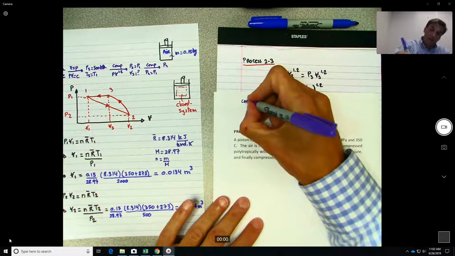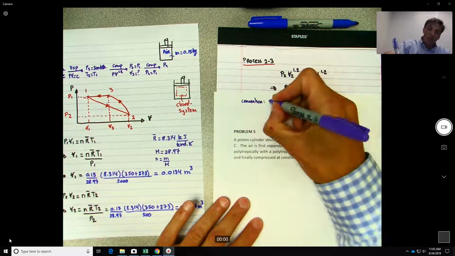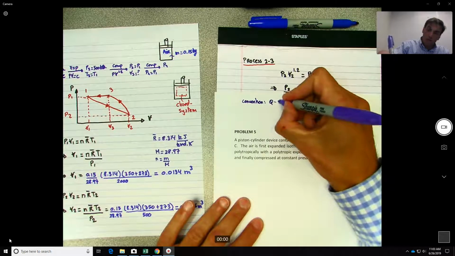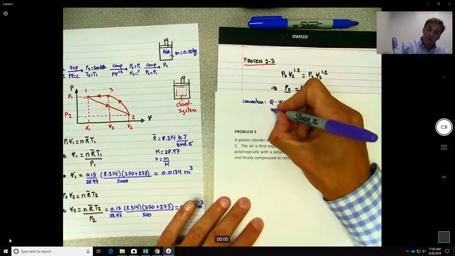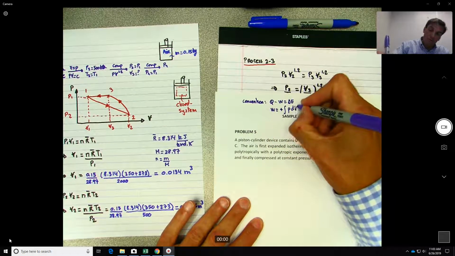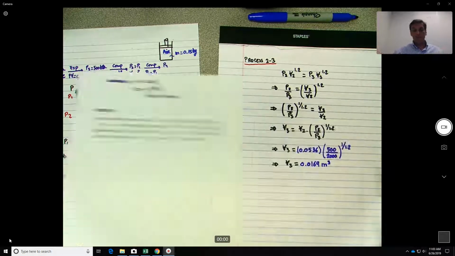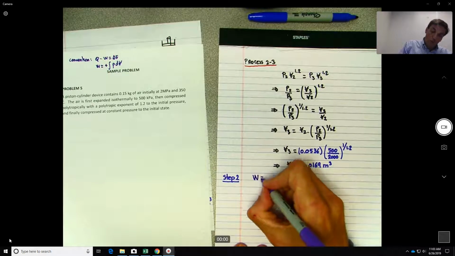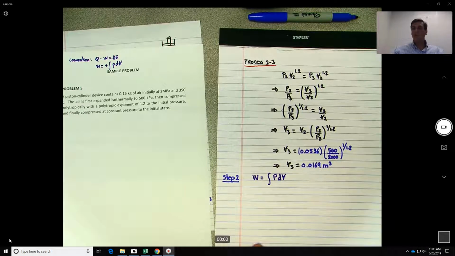So we're going to be using the one which is Q minus work equal change in energy, in which case the work done by the pressure is positive PdV. Alright, so using that relation, for step 2, the main equation we are using is what? Work equal to PdV. Okay?